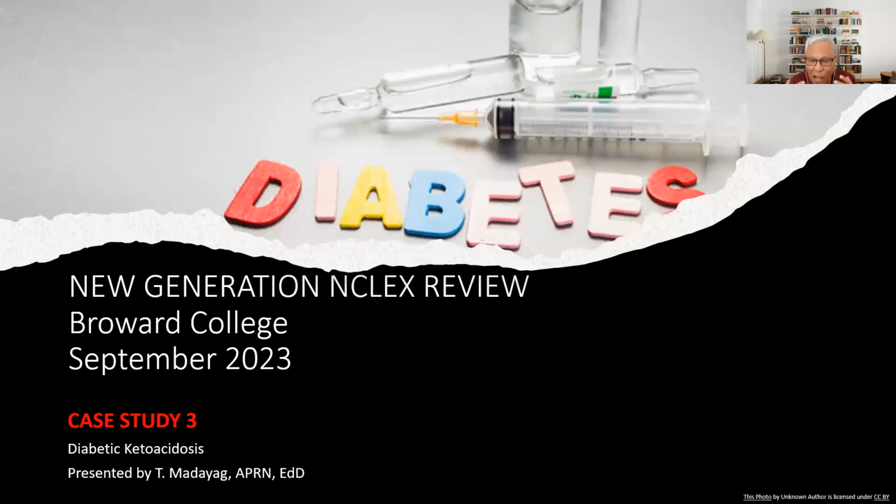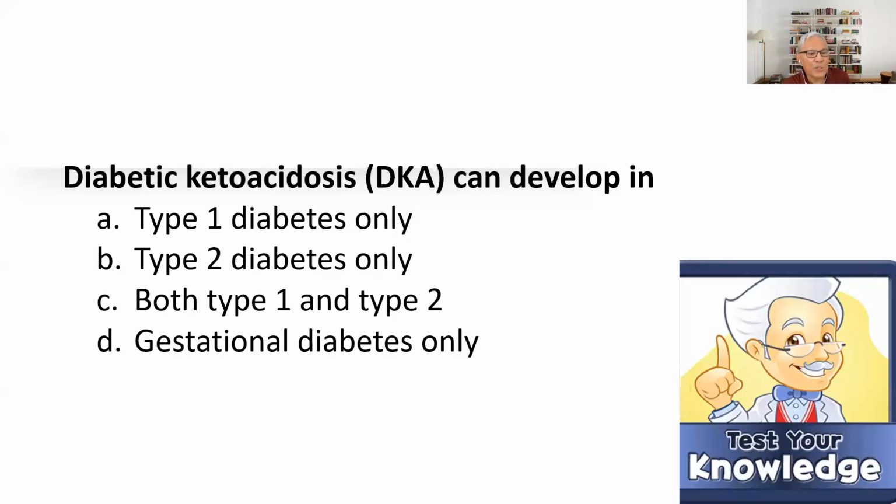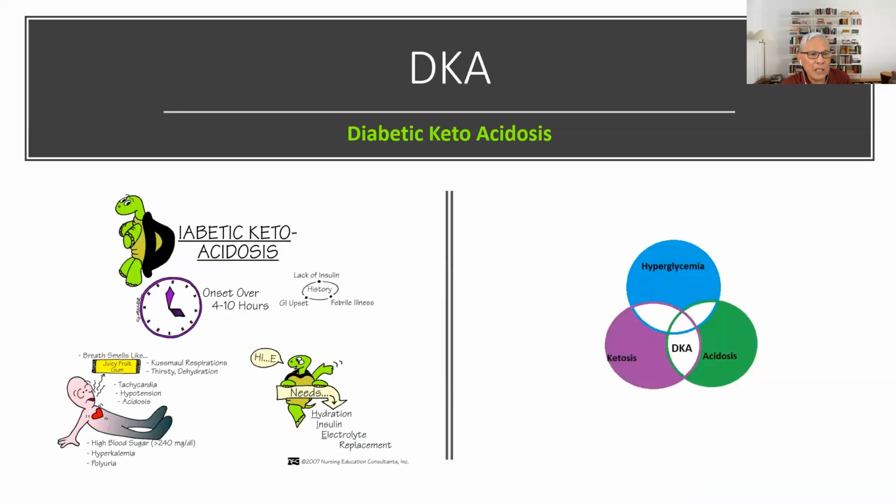So at the onset, I wanted to make sure that you remove the old learnings that you had, that DKA is only a complication of type 1 and HHS is a complication of type 2. That is no longer true, as evidence has shown us. So we're going to begin our discussion with the complications of diabetes, and that is diabetic ketoacidosis.